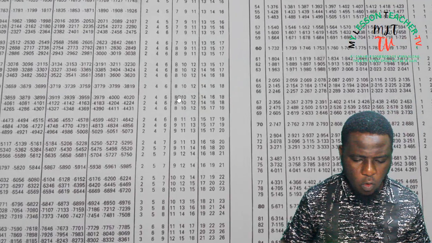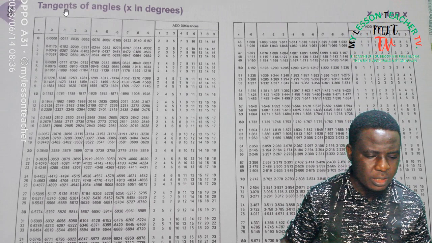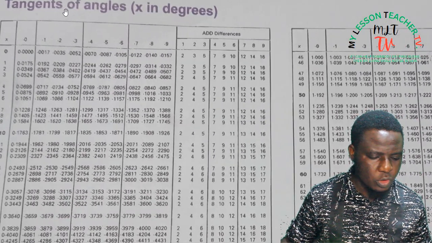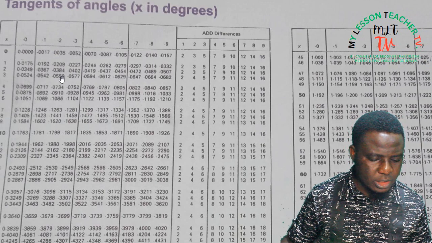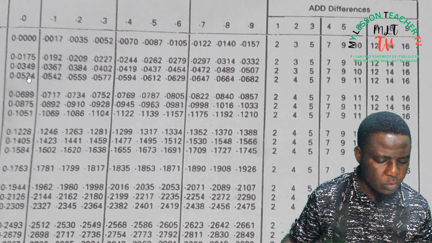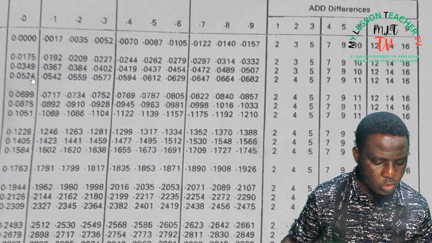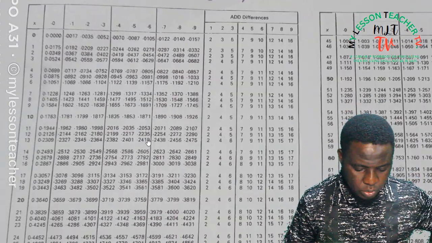Look out for 0.625. This is our tan table, tangent of angles. So you trace all the tangents to see which is 0.625. Now this is 0.0524, so we're looking for 0.625.